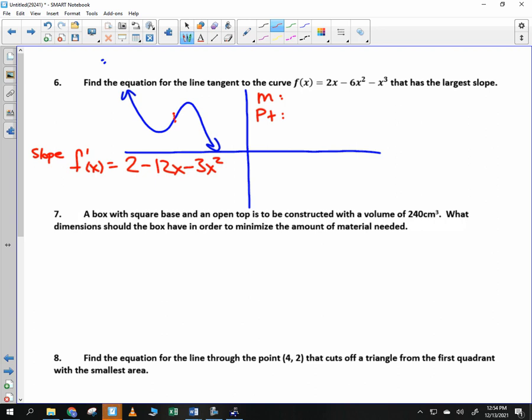Second derivative, f double prime of x is equal to negative 12 minus 6x. Does this tell me slope, or does this tell me inflection? It tells me inflection.